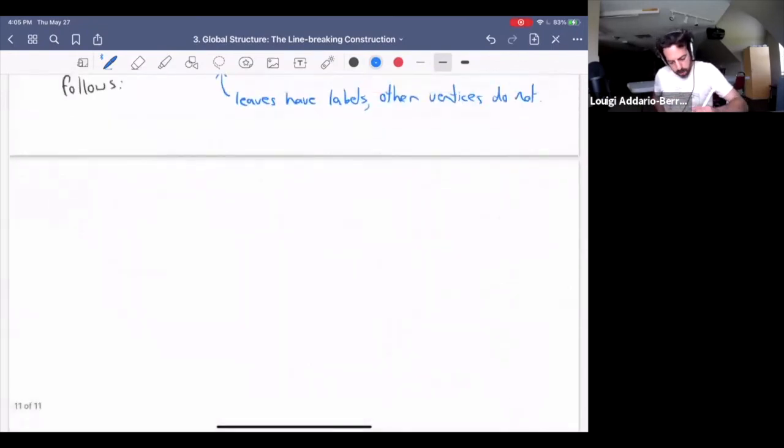Okay, so there's 3 steps. So first, we replace each maximal path containing no branch points by an edge.